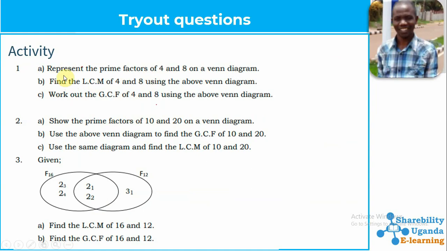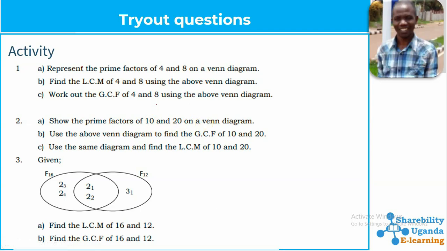Yesterday in our recent video we looked at question 1. In this video we shall look at question 3, because question 2 has the same workings as question 1.